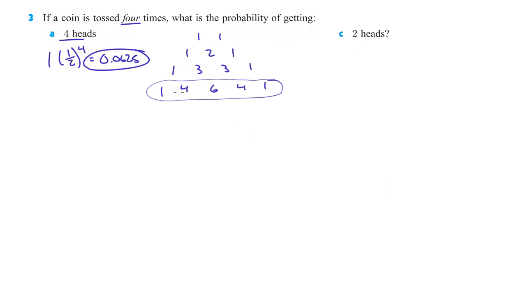Okay, for C, what's the probability of 2 heads happening? So that's 0 heads, 1, 2. So it's going to be 6 times the probability of getting heads, which is 1/2, and there's 2 of those. Probability of getting tails is also 1/2, and there's going to be 2 of those.